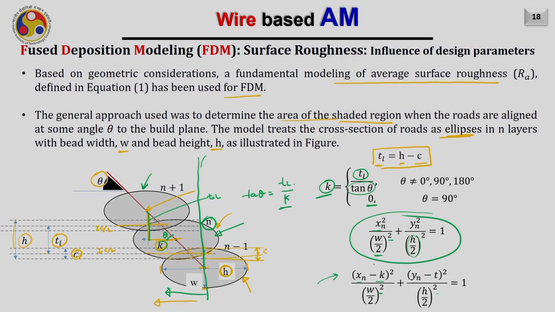So basically the ellipse corresponding to the n plus 1th layer got shifted by k comma t, where k is the shift along the x-axis and t is the shift along the y-axis, and this will be my new equation of the ellipse. So at any location now you can obtain the equation of the ellipse. So you know the equation of this ellipse, you know the equation of this curve, and you know the equation of this curve as well.